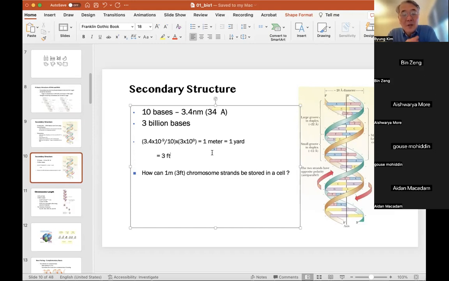So if chromosomes and the genomic sequence are stored inside those tiny cells, how can this 3-foot-long genomic sequence, cut down into the chromosomes, be stored in those tiny cells?